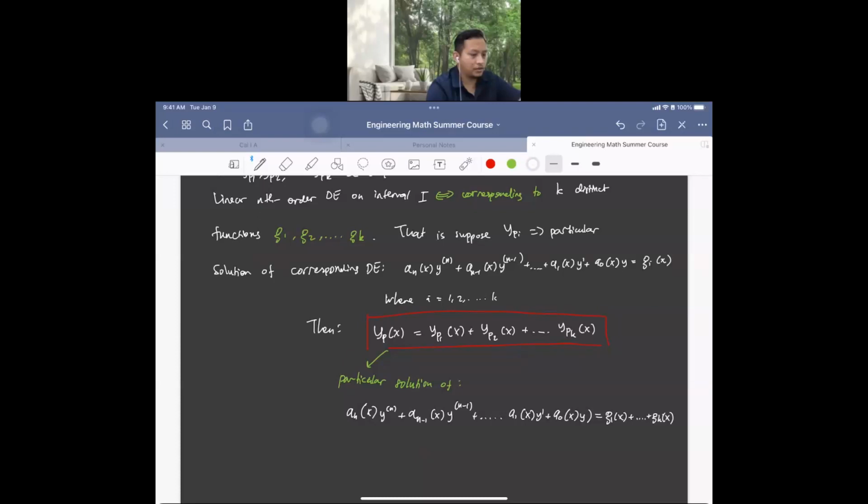Okay, that's it, the groundwork for the introduction to higher order differential equations.